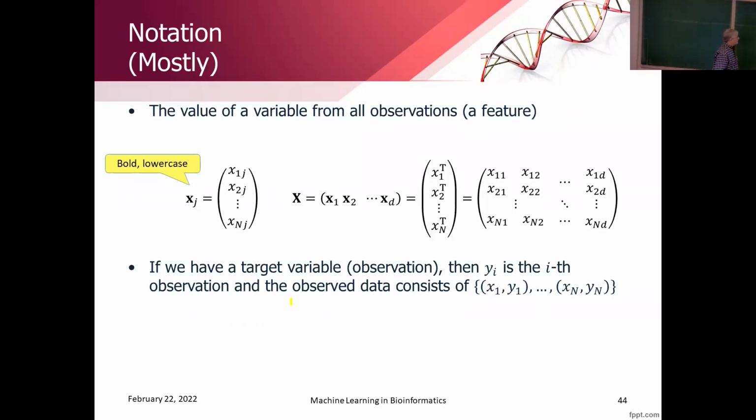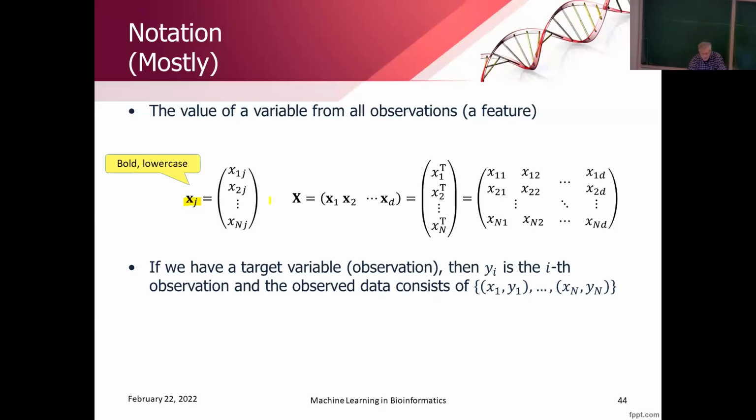If I use a lowercase letter, but boldface and without italics, this will denote one column of the observation matrix X. So boldface x_j here is the jth column of the observation matrix, and it's the value of the jth attribute in all observations.